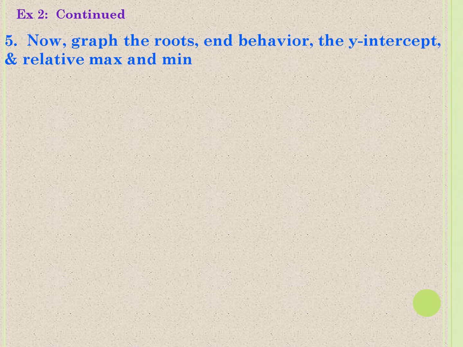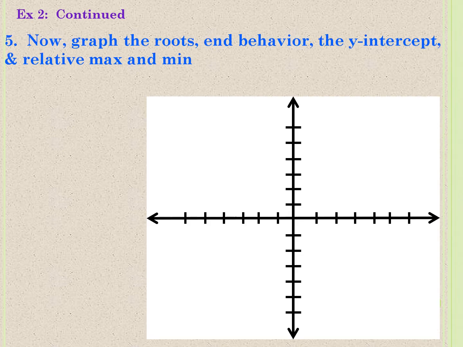All right, let's graph all of that information we just found. So when I think of my x-coordinates, they all fall between negative 10 and 10, so I don't need to change my x scale. I'm going to count my x's by 1. However, when I think about my y-coordinates, I have a relative min at negative 36.